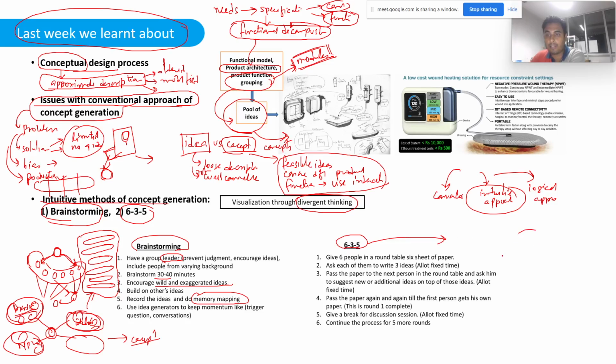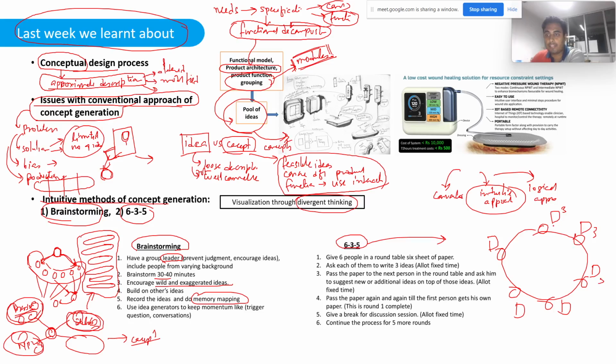Here there's a round table and there are six participants along with the team leader. They are given papers, and each participant is given two papers and asked to generate three concepts each.